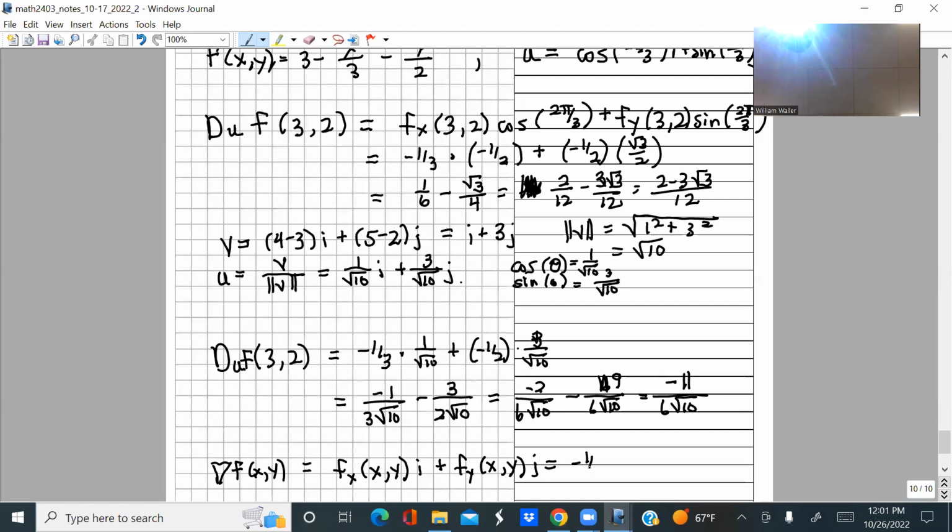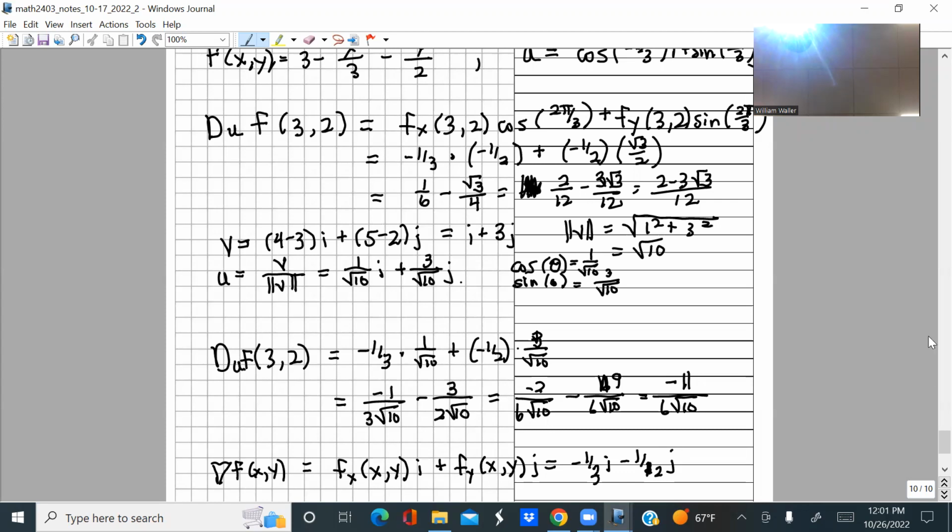So it's minus 1/2 i, minus 1/3 times, or did I get that backwards? Okay, so minus 1/3 times i, minus 1/2 times j. So apparently that's the direction to move in to ascend that plane the fastest.